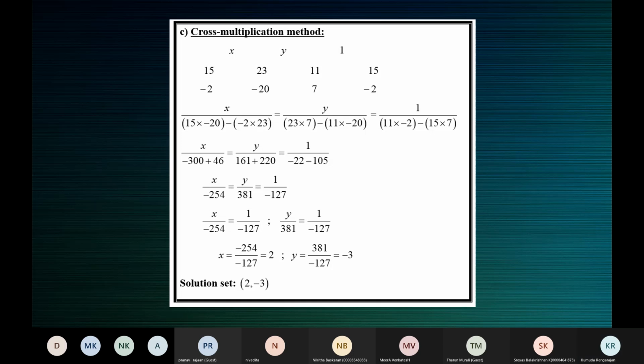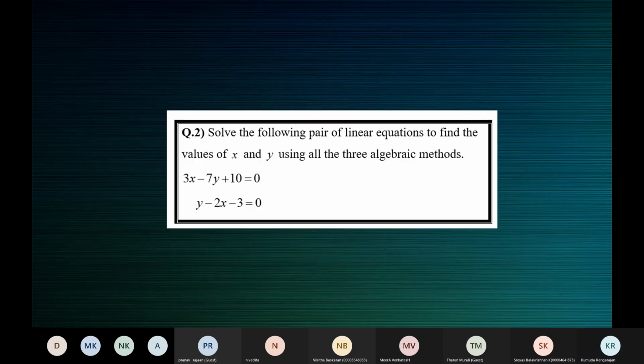And this is your homework. Solve the following pair of linear equations to find the values of x and y using all the three algebraic methods. Take a screenshot and complete this one by the next class.